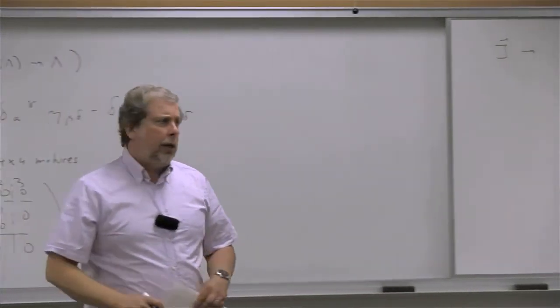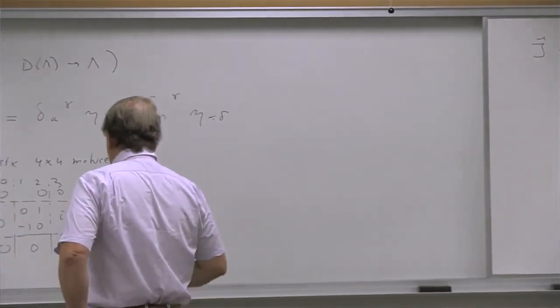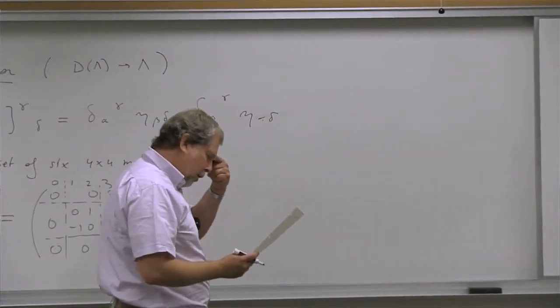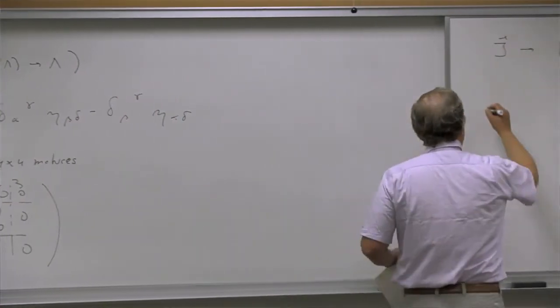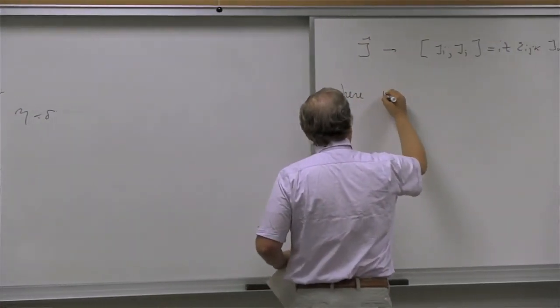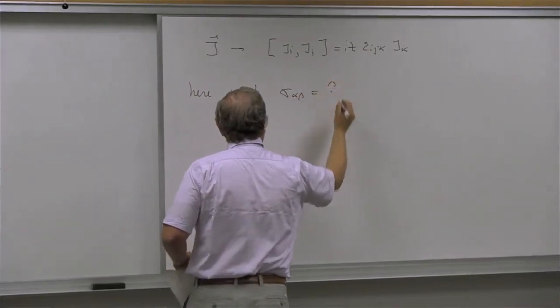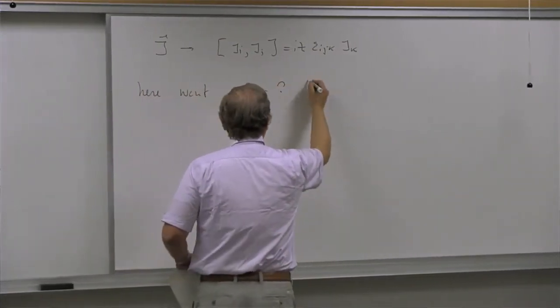That was easy. And here, what you can use is a multiplication rule, by which we want the sigma alpha beta equal to what? And in particular, the commutation relations.